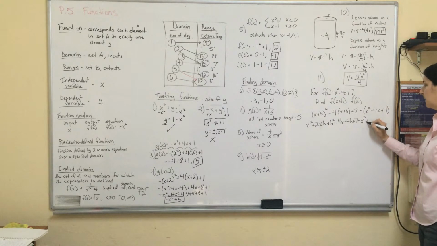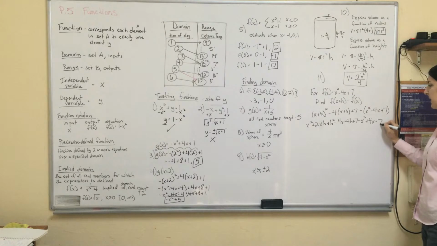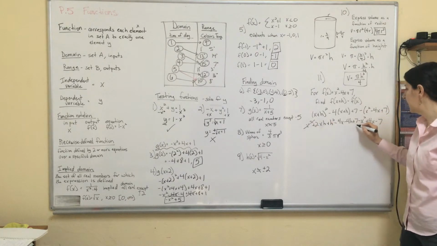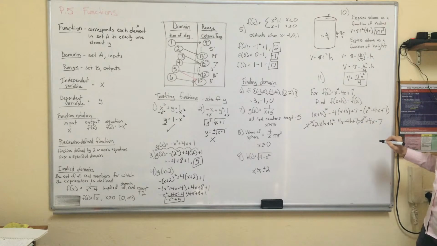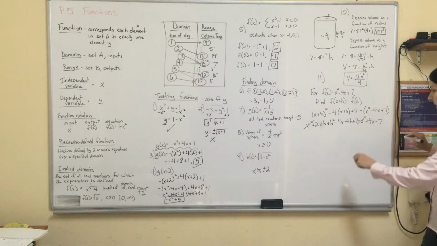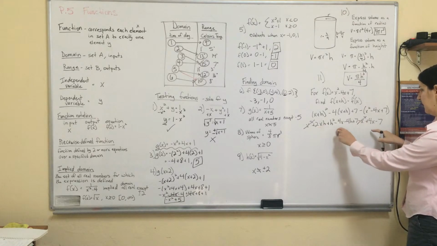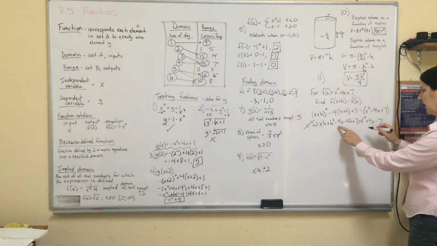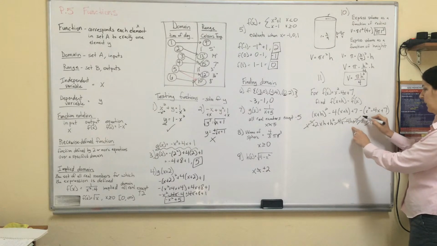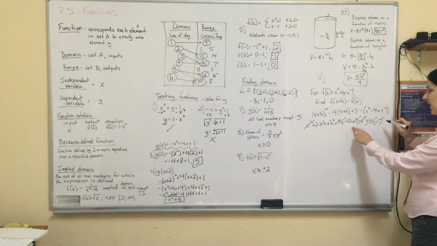Minus x squared plus 4x minus 7. Okay, now we've got to simplify. I see an x squared and a minus x squared. 2xh doesn't have anything, we don't have another x squared. Okay, I see a minus 4x and a positive 4x, plus 7 and a minus 7.